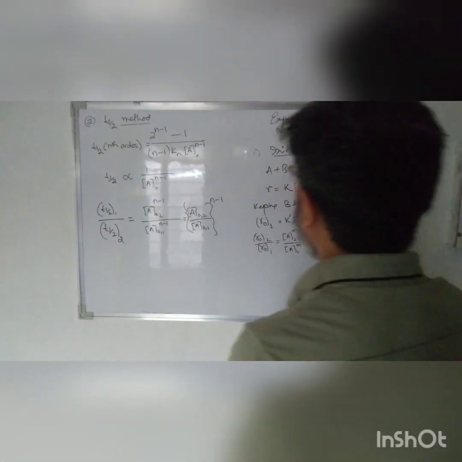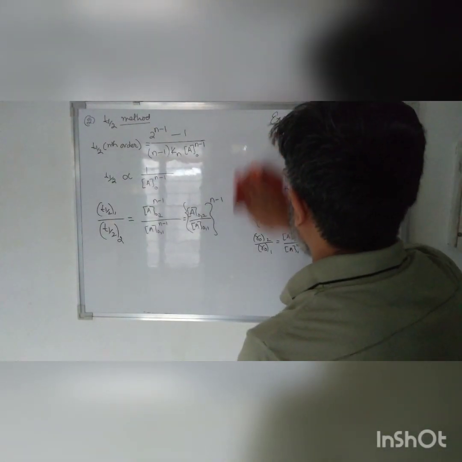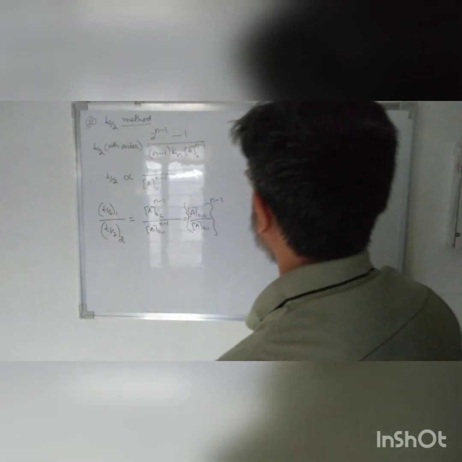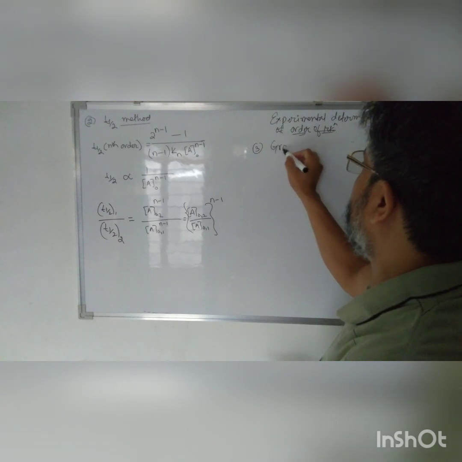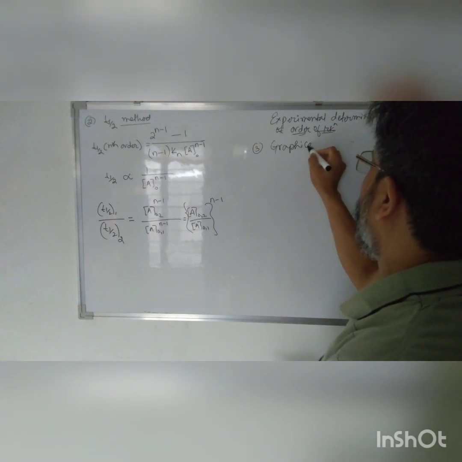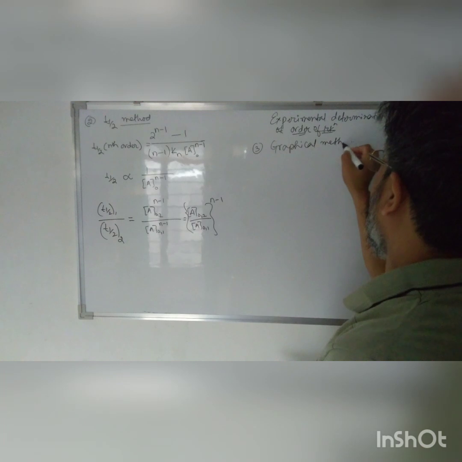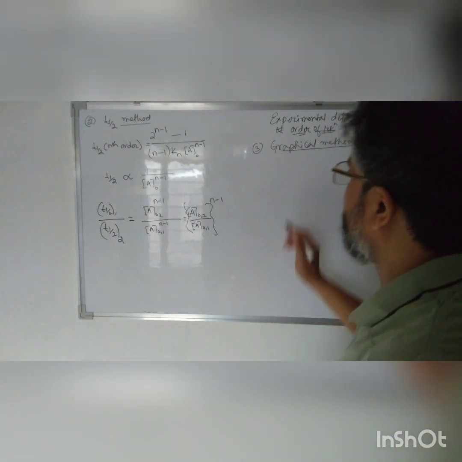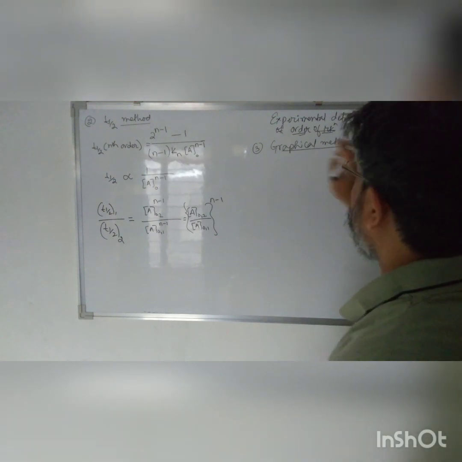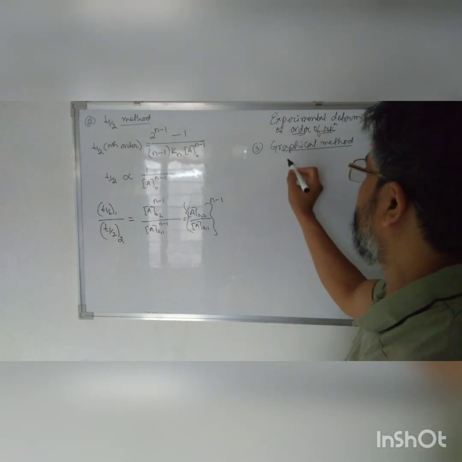Third method to define order of reaction is graphical method. Graphical method to define the order of a reaction. So we have different integrated equations for first order as well as zero order reaction.